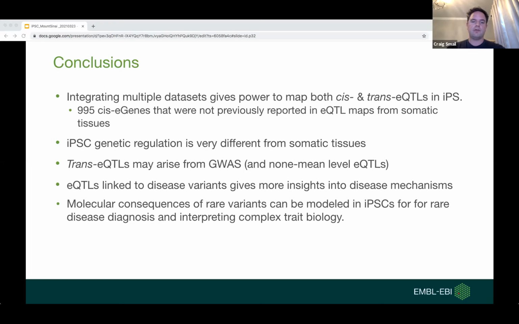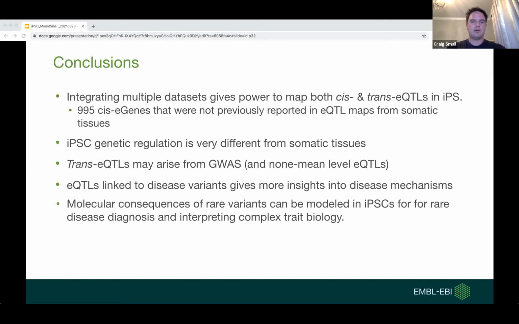We also show through the master analysis and some other analyses in the paper that iPSC genetic regulation is very different from somatic tissues. We also briefly highlighted that trans EQTLs may arise from GWAS and other EQTL molecular phenotypes that are in addition to just overall mean gene level. And then we also discussed that EQTLs linked to disease variants gives more insights into disease mechanisms.